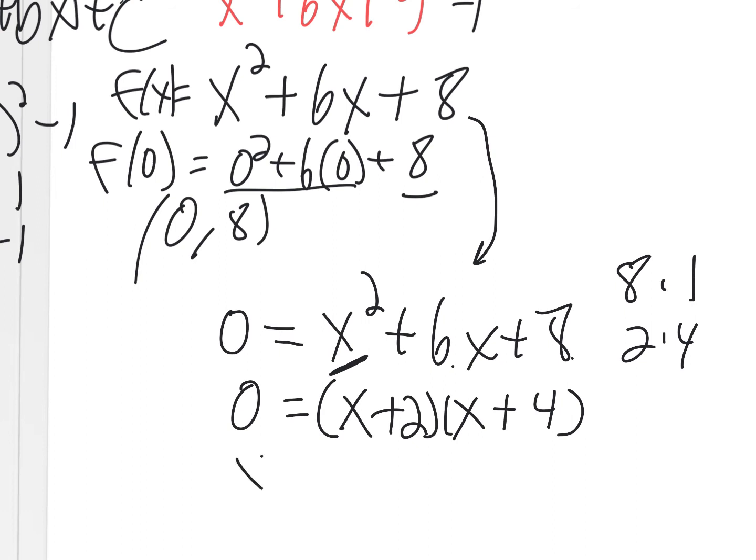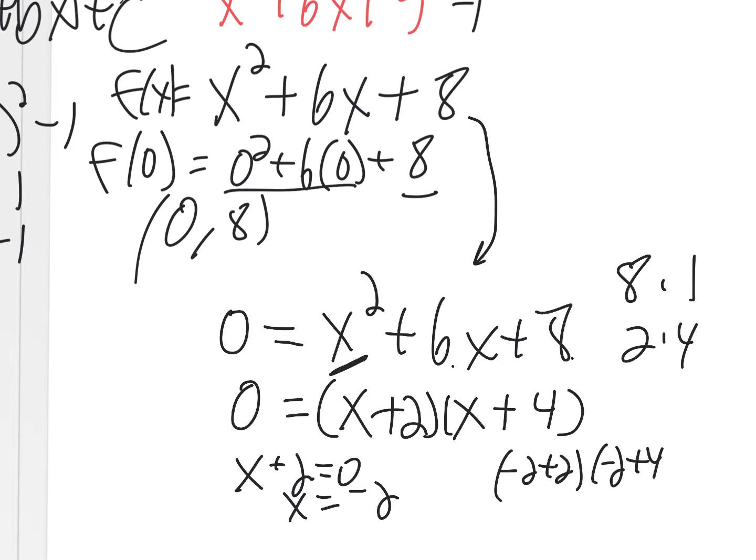So then what happens if x equals, I'm getting ahead of myself. I'm sorry, back up here a minute. x plus 2 equals 0. Because if x equals negative 2, this whole expression is 0. It would be negative 2 plus 2 times negative 2 plus 4. Well, that's 0, so it doesn't really matter what this is. The whole expression is 0.